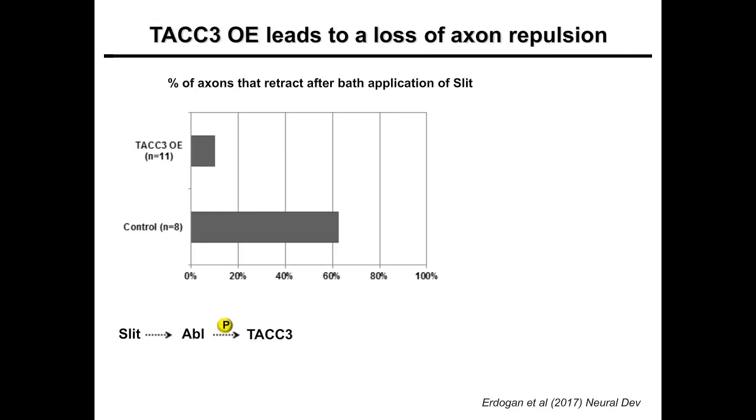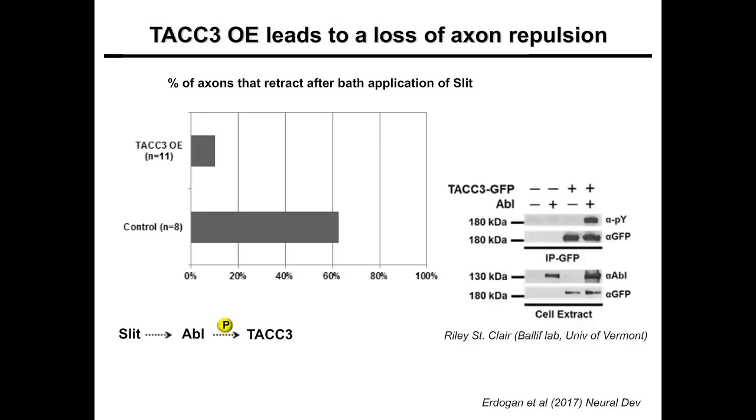We wanted to test this, and so our collaborators at University of Vermont did some kinase assays, and they found that when ABL is present with TACC3, TACC3 has a phosphorylated tyrosine residue on this right column here that is not present when TACC3 is there without Abelson tyrosine kinase. So somehow the presence of ABL is leading TACC3 to be phosphorylated.